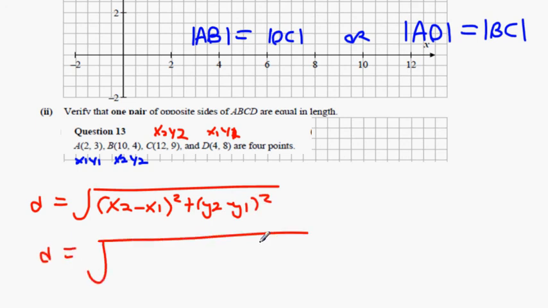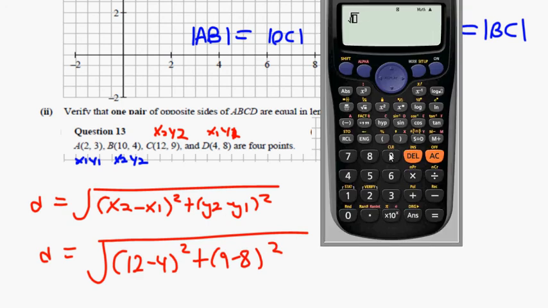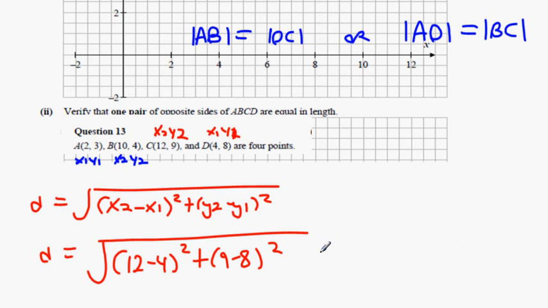Distance formula turns out to be 12 minus 4 squared plus 9 minus 8 squared. Put that straight into the calculator, exactly as it looks. 12 minus 4 squared plus 9 minus 8 squared. You get root 65.